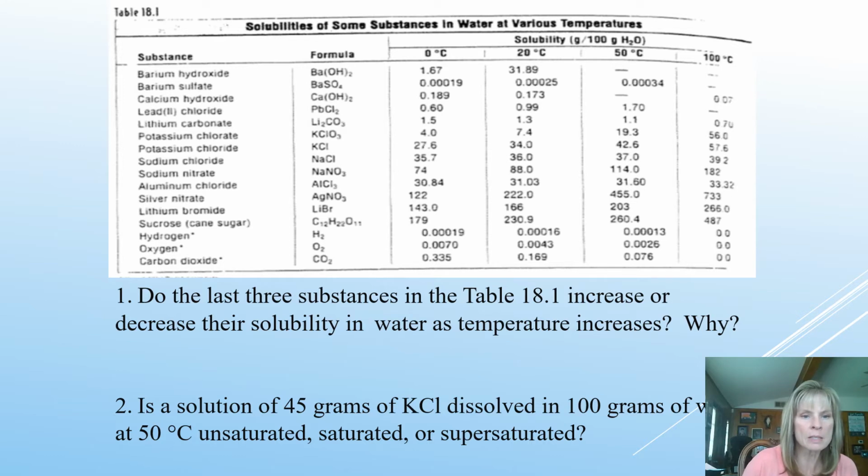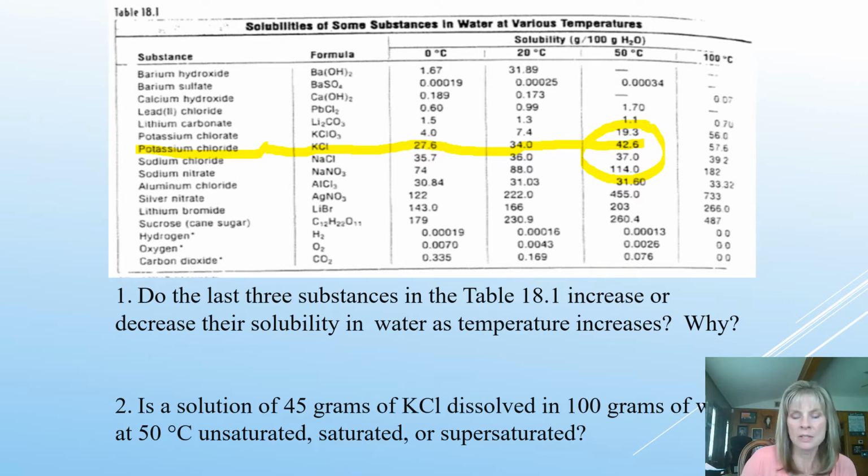So find potassium chloride. Potassium chloride's right there. We're talking about at 50 degrees, so follow that table over. Boy, I wish I could draw a straight line, but it's not any different than in the classroom. Right to there. Okay, so right there is the solubility of potassium chloride at 50 degrees.